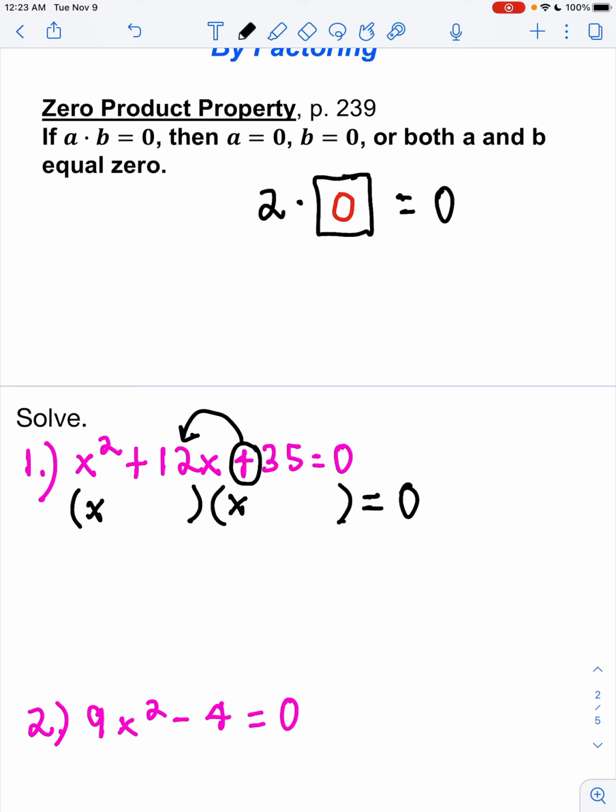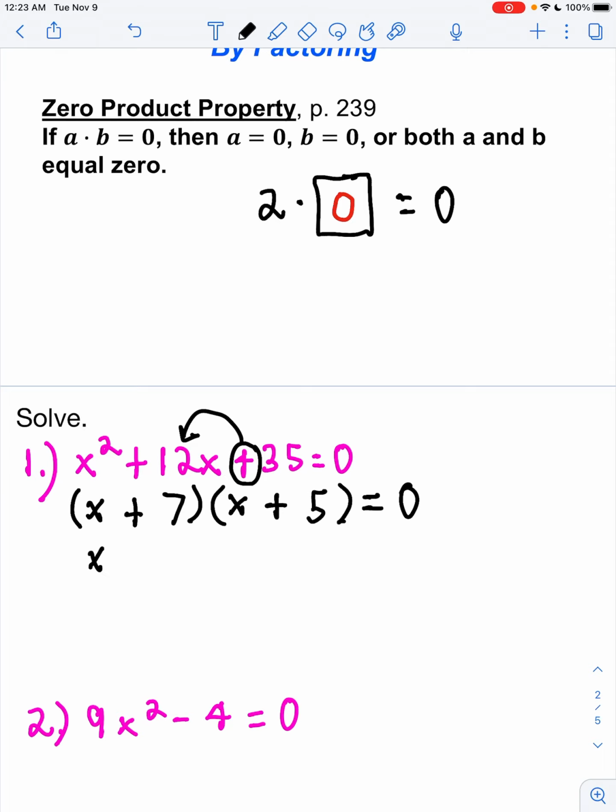So the 2 numbers that would work are 7 and 5. Doesn't matter the order you put them. I do know since it's a positive 35, the signs have to be the same. And in this instance, they're both plus, since the middle term is positive 12x.